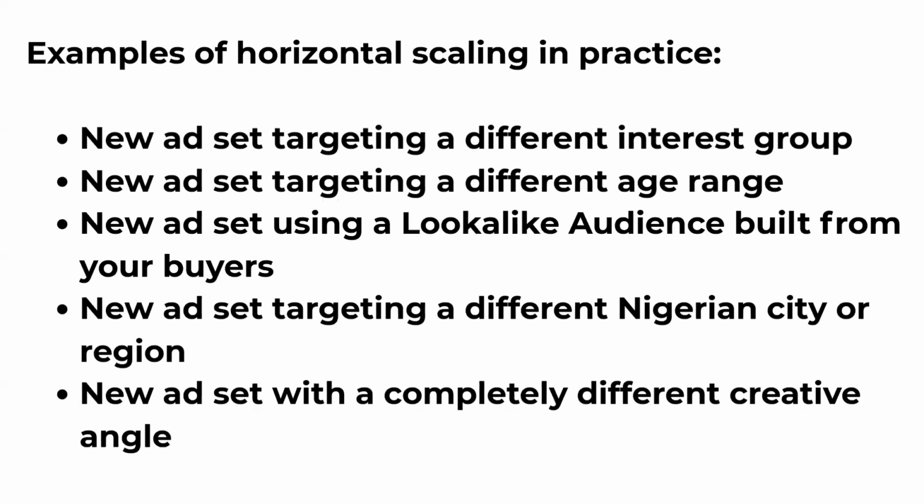Let's say, for instance, the first advert I created is targeting skincare. For example, I can create another advert that is targeting womenhood or motherhood or parenting or people that are interested in beauty and skincare. That is me targeting a different audience that is not the first one I was using before.